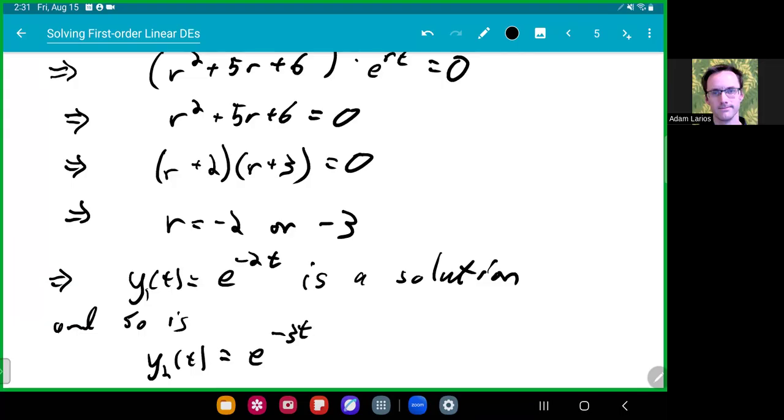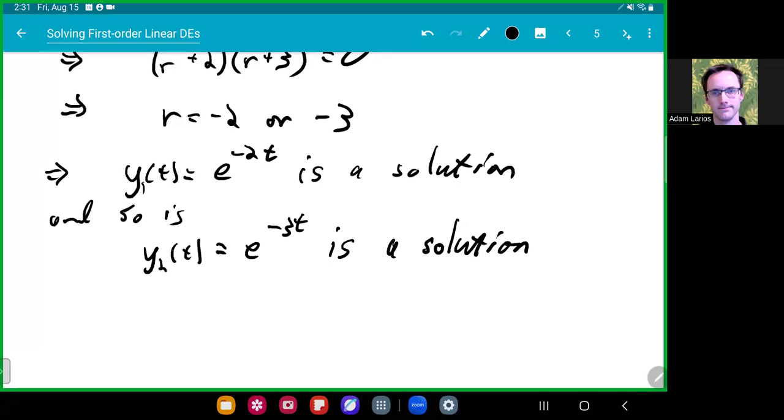So the y1 and y2 here just designate first solution, second solution, and it doesn't matter the order, so long as we agree on it beforehand. Somebody else might call this one y1, the other one y2. It doesn't matter. It's just that we have two distinct solutions there.